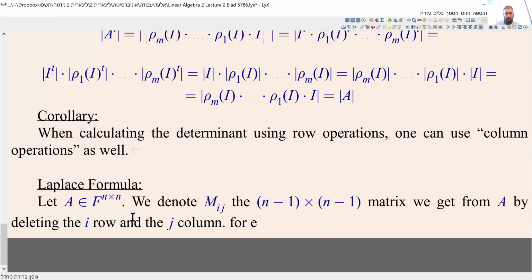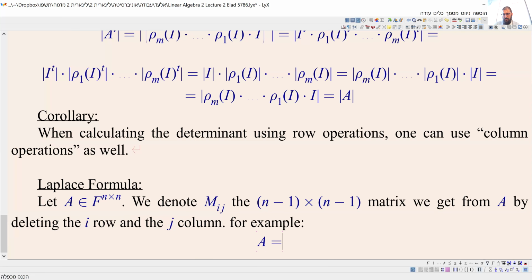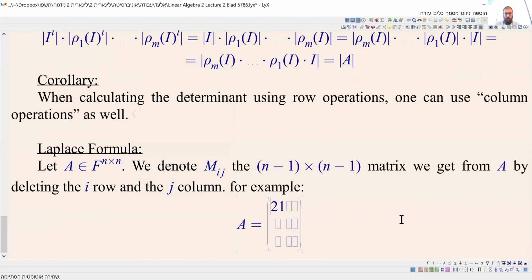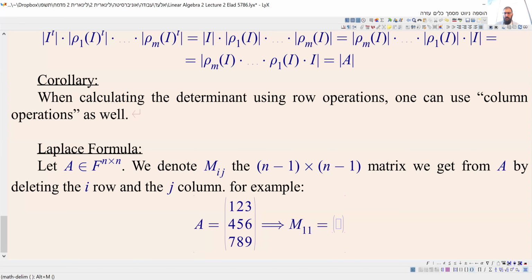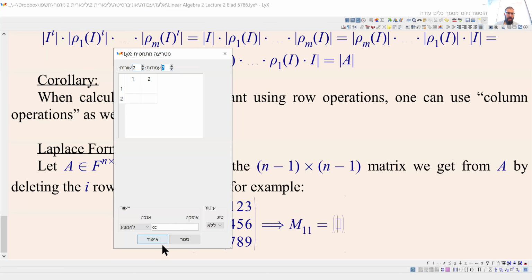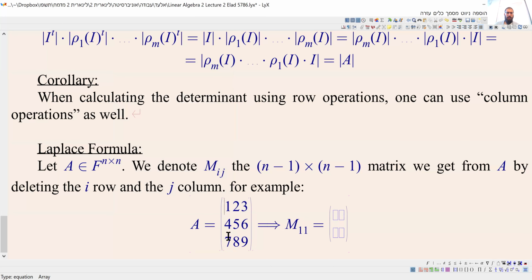For example, if A is 1, 2, 3, 4, 5, 6, 7, 8, 9, then M11 is the 2 by 2 matrix you get from A by deleting the first row and the first column, which is 5, 6, 8, 9.